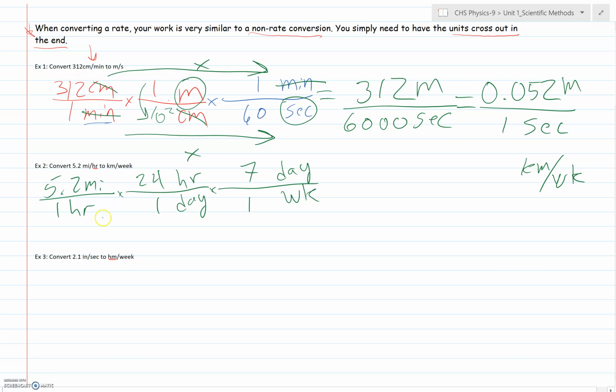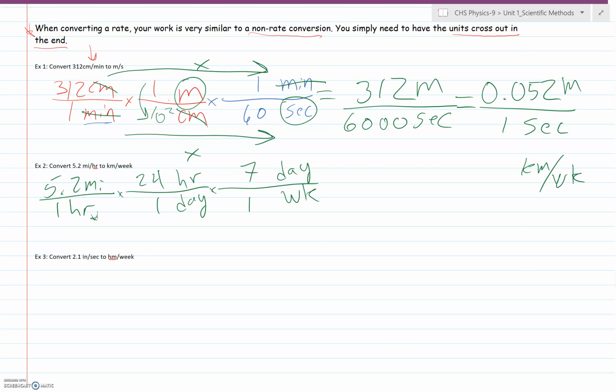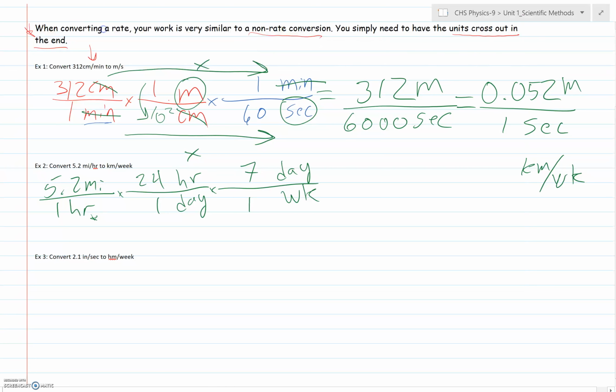So we've done the bottom units. Now we need to do the top one. I've got miles on the top, so I need to put miles on the bottom. Now, here's where it gets interesting.